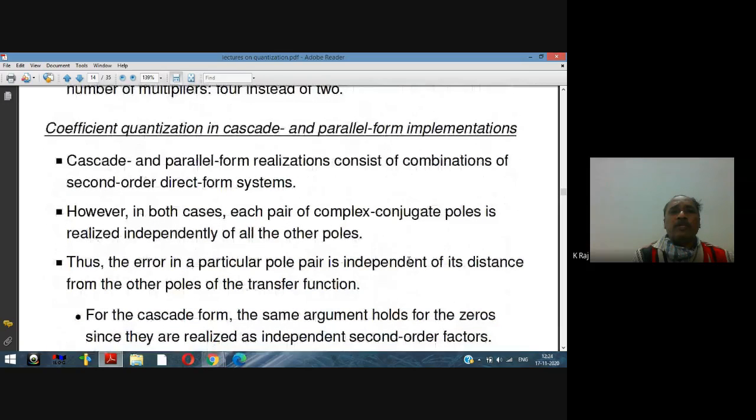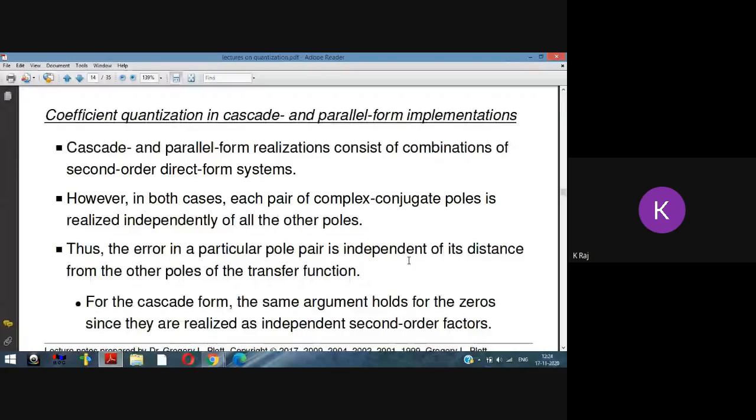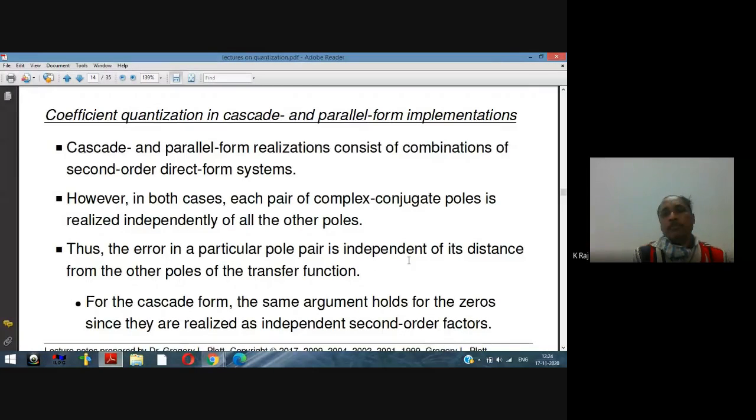Now, let us see how the quantization error can be reduced using different types of architecture. We are trying to analyze the coefficient quantization error in cascade and parallel form implementation. Cascade and parallel form realizations consist of a combination of second order direct form systems.